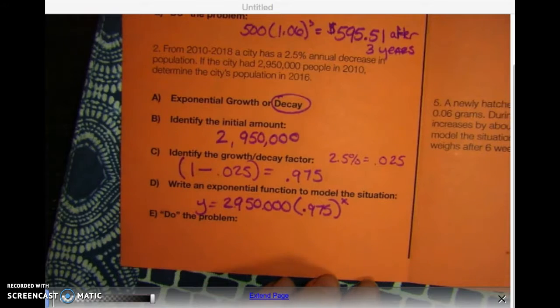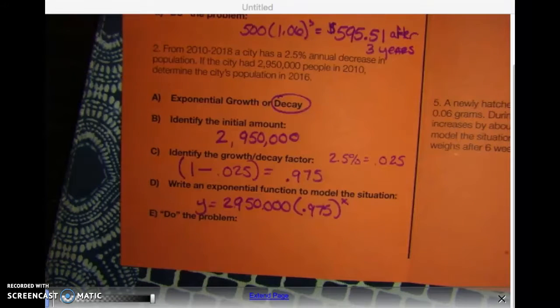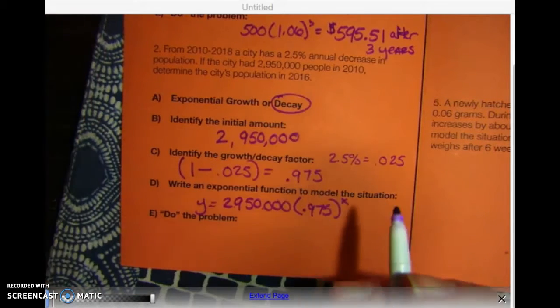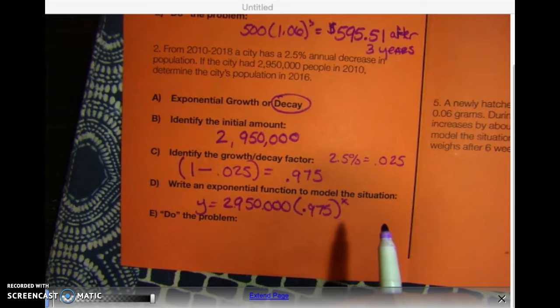And then we're going to actually do the math. What number are we going to substitute in for x? So think about 2010 to 2016. How many years do we have going on there? 6. Very good.